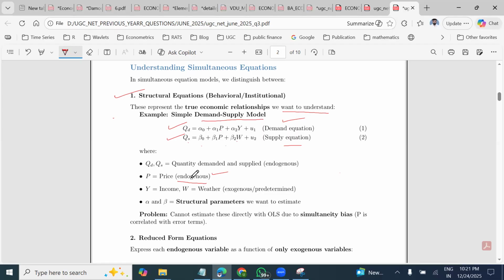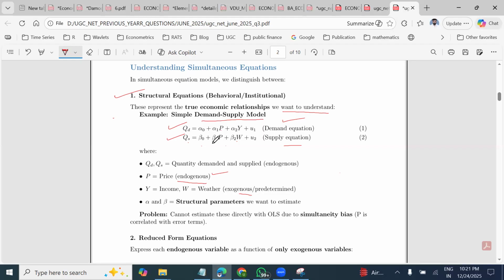So price is endogenous, and income and weather are exogenous. Why? Because price directly affects the demand and supply. Quantity demanded and supplied are also endogenous, and price is also endogenous. So all these three are determined inside the system.